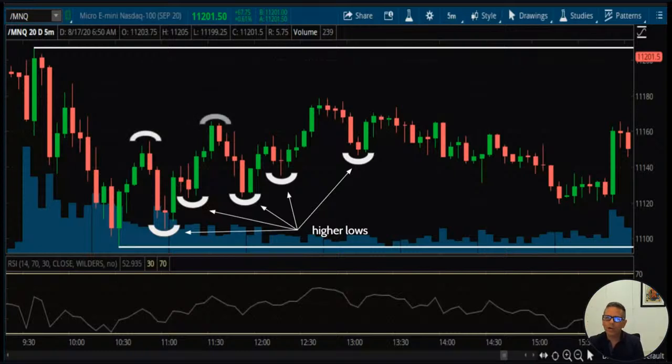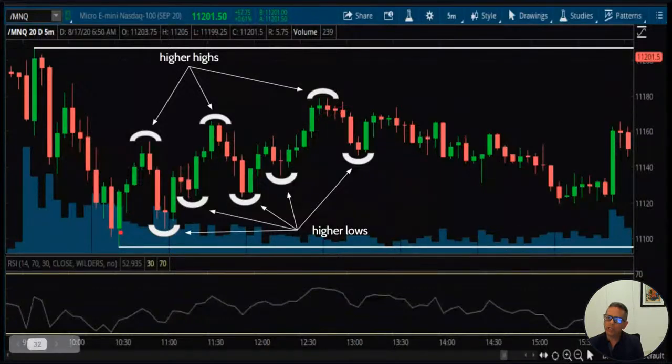So let's look at the higher highs, okay? Now we have a reversal and a trending pattern, right? So we have a trending pattern now, and these are actually A, B, C, D.